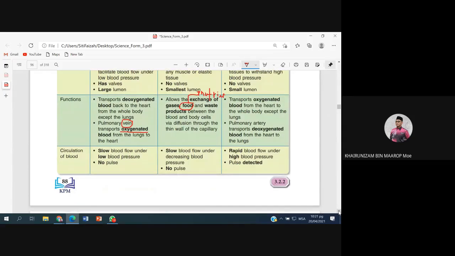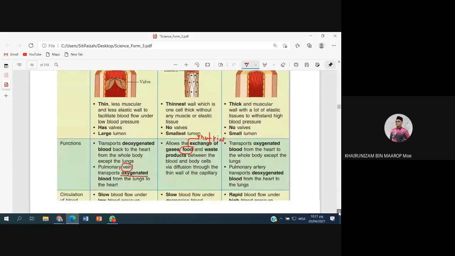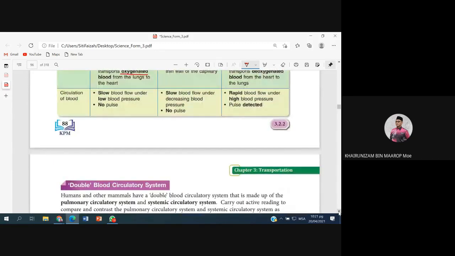All right. So this is the function and structure of the blood vessel. So we have three types of blood vessel. One is the vein, capillaries, and another one is artery. So remember the function, the structure, and the circulation of blood of the blood vessel.